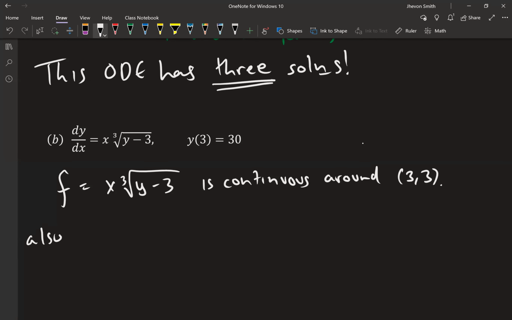Also, if I take the partial with respect to y, that would be a third x times (y minus 3) to the minus 2/3.